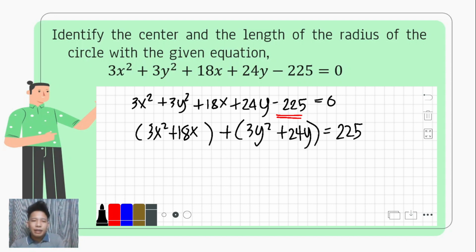225. Okay? And next, if you have noticed, there is now a numerical coefficient attached to the x squared term and to the y squared term. So what we're going to do is to factor it out and place it outside the parenthesis.